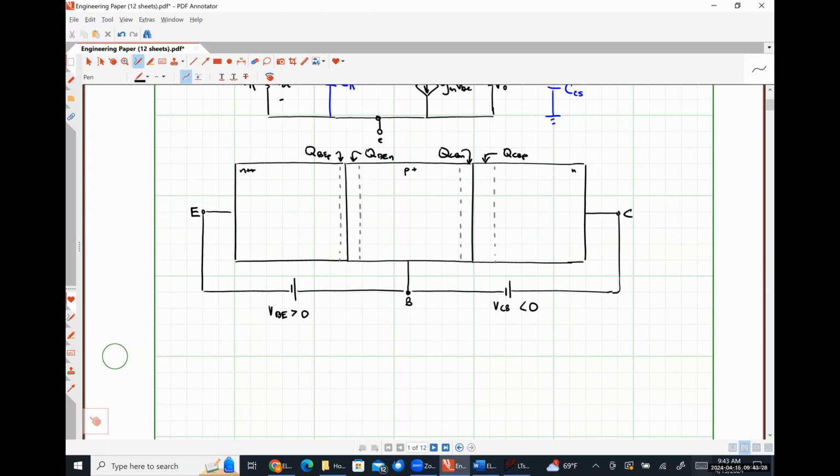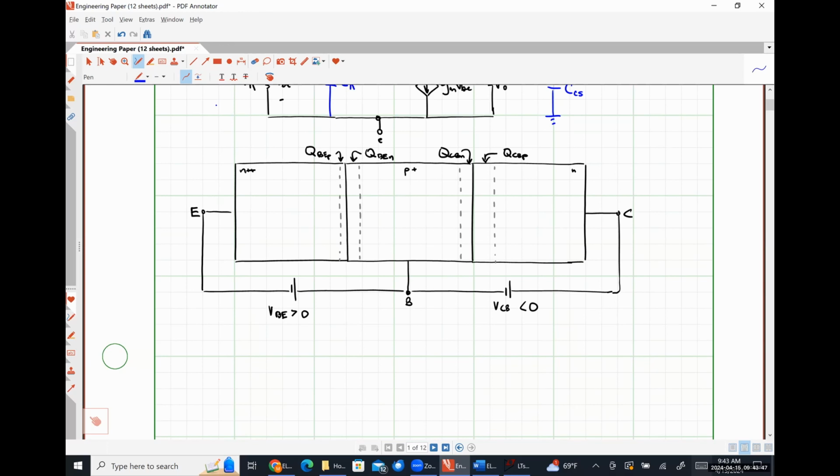But I also want to look at what's going on with our carriers diffusing across this junction. If memory serves me correctly, earlier in 335, I used blue for electrons and red for holes, I believe. So I'm going to try to be consistent and do that here.